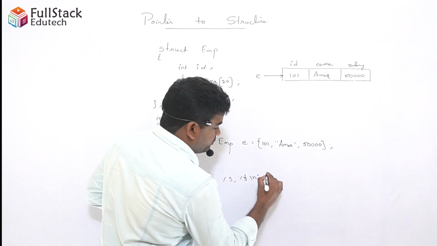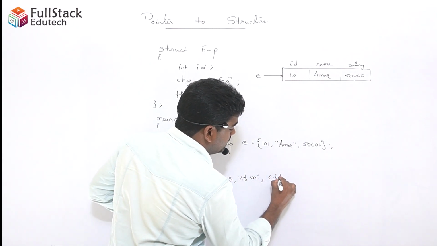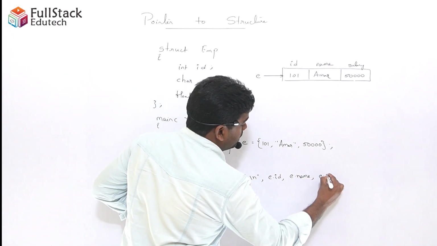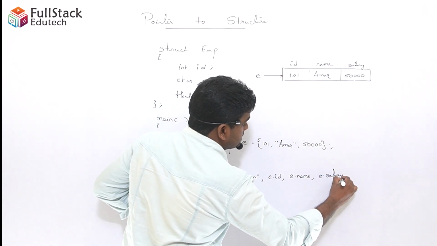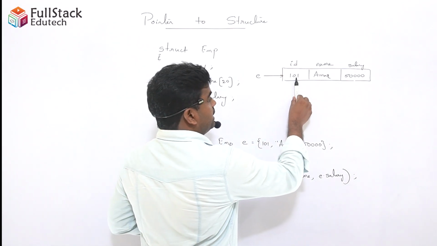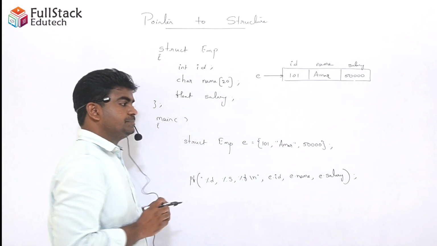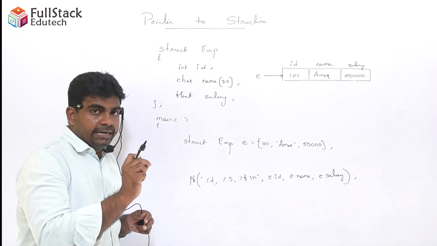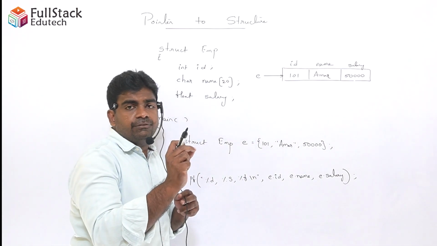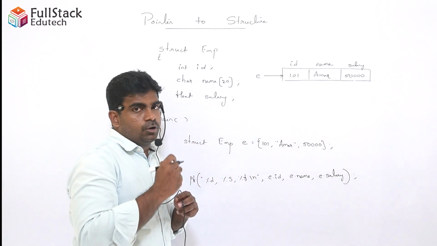How can we specify? E.id, comma, E.name, comma, E.salary. Like this we are specifying, and all three values are printed. If you want to access structure information, we use the dot operator.